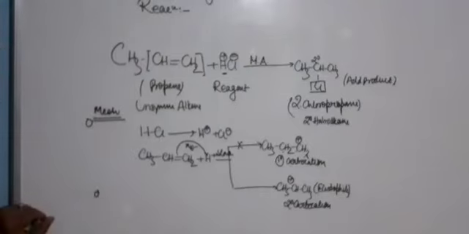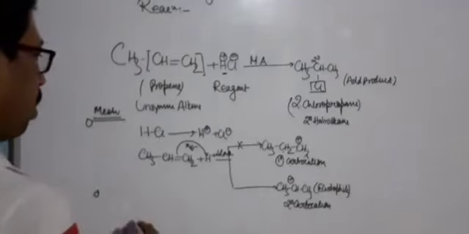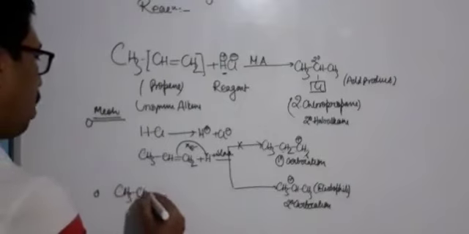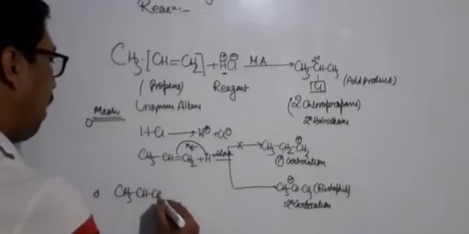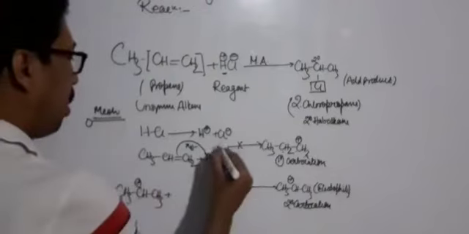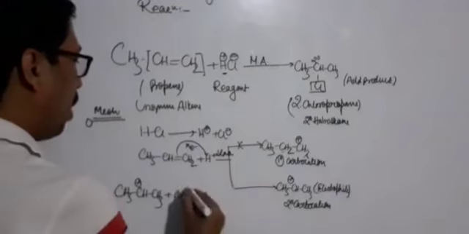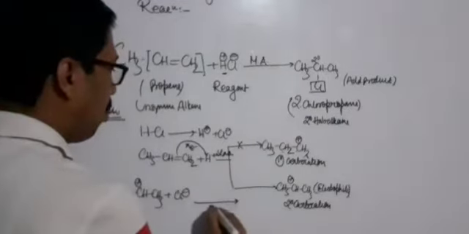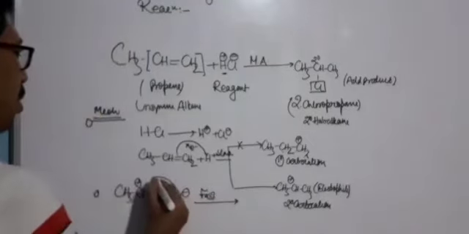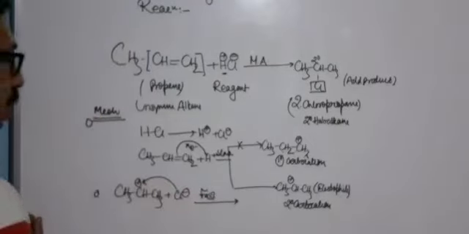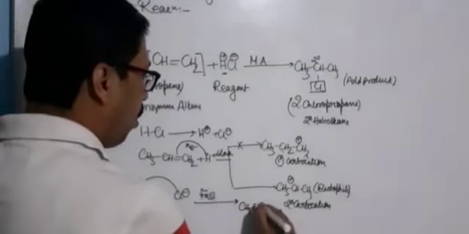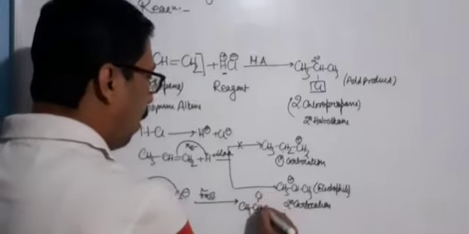And in the last step, what we need to do, we have to consider the carbocation of higher degree, and it interacts with the Cl minus ion, and this is a very fast step. Cl minus readily interacts with the electron deficient carbon and it forms the product.